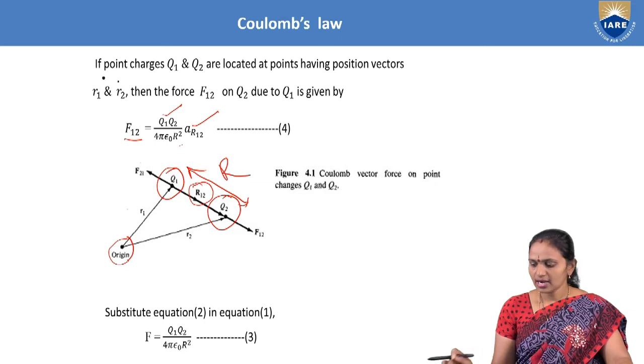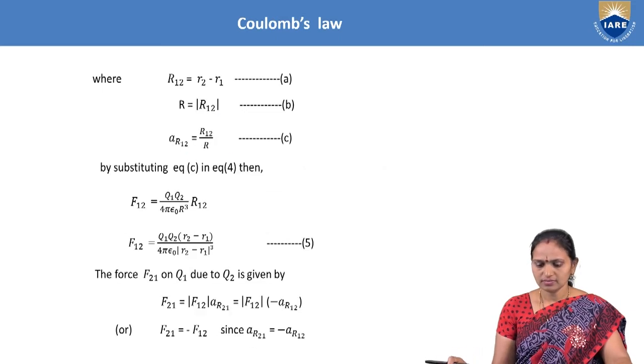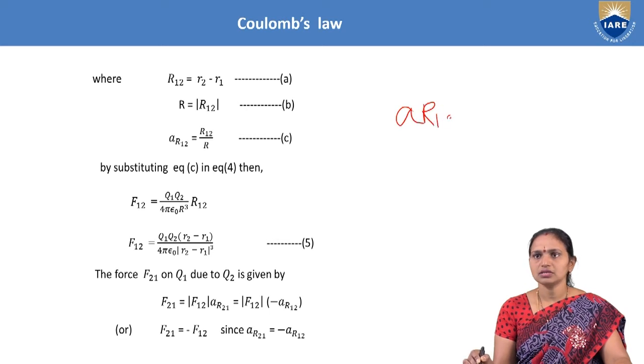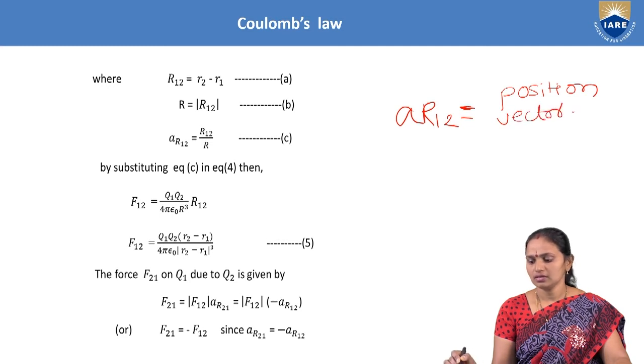Now AR12 is the unit vector along the R12 displacement vector. AR12 represents the unit vector, which is equal to the position vector along R12 divided by the magnitude of the position vector along R12.